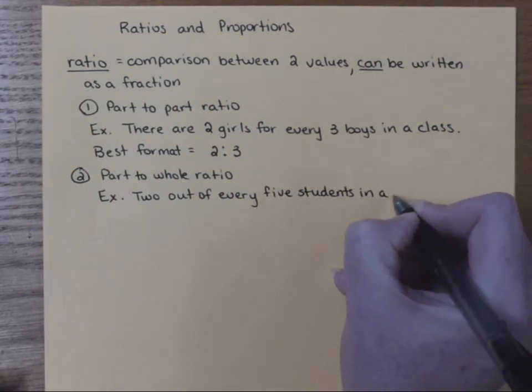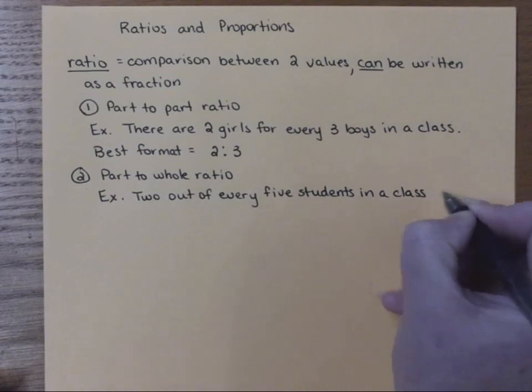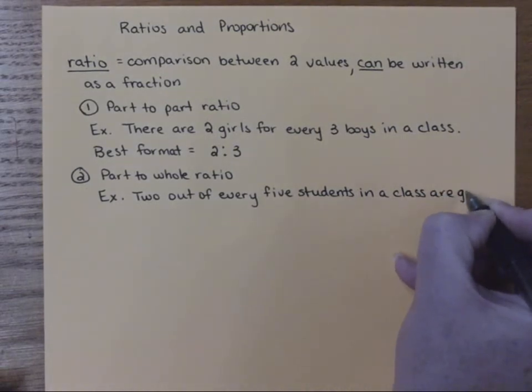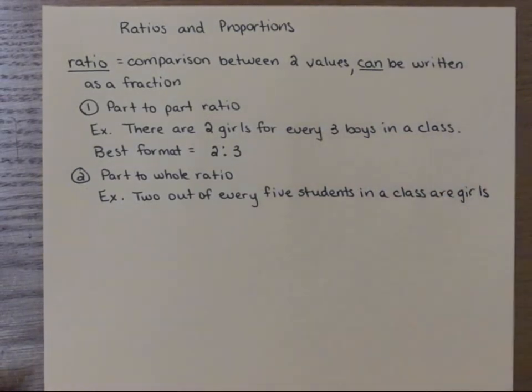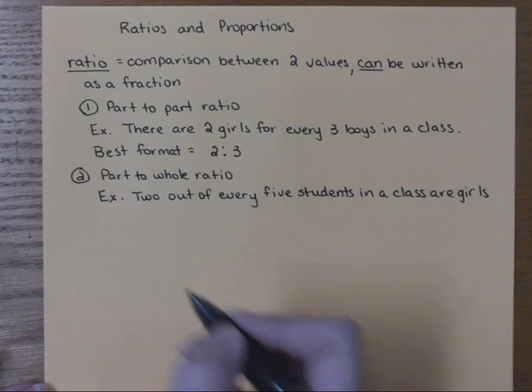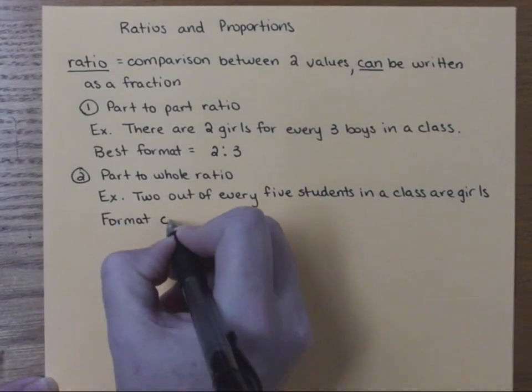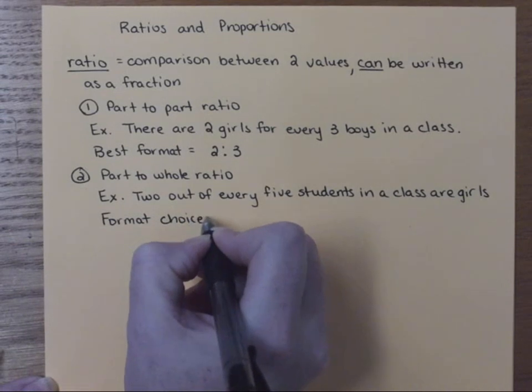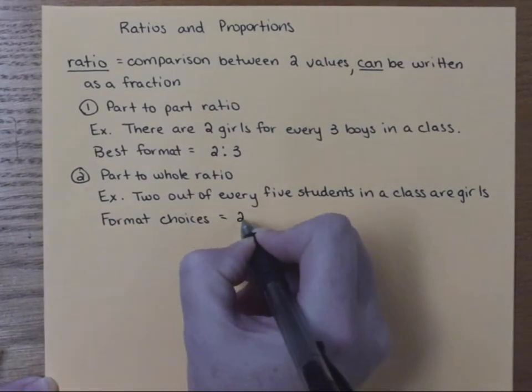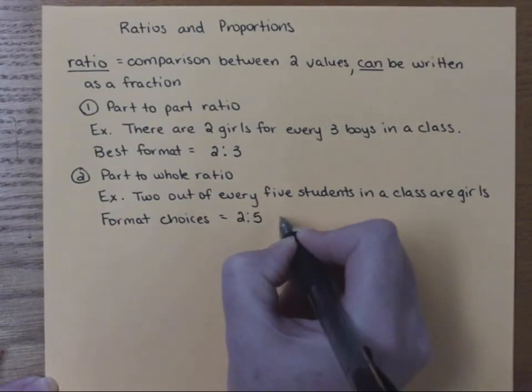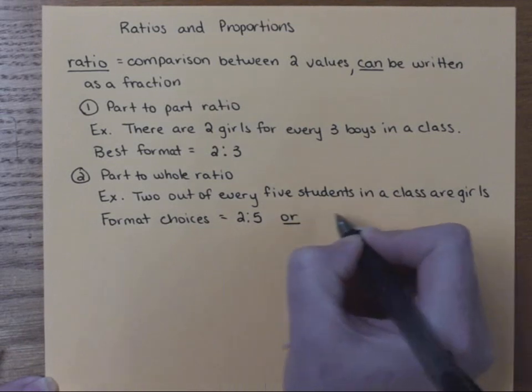Notice that if I add 2 and 3 together, I get 5, so that's where I came up with the 5. In this way, we can write it with a colon again, so we could say 2 to 5, or we could represent it like this.